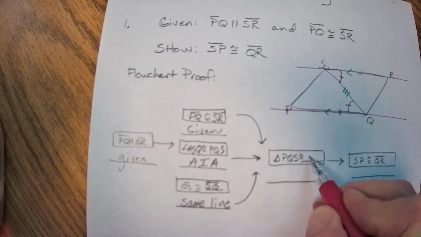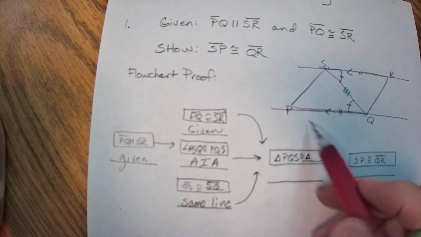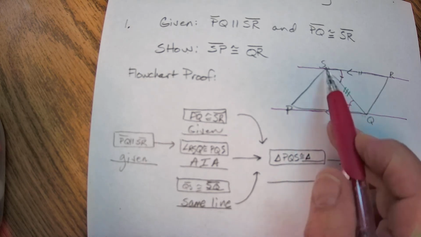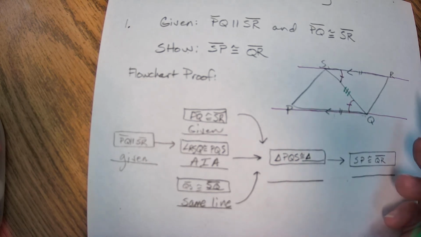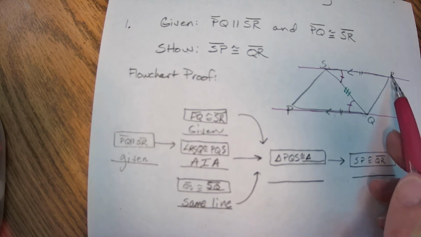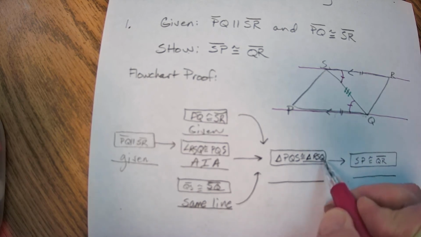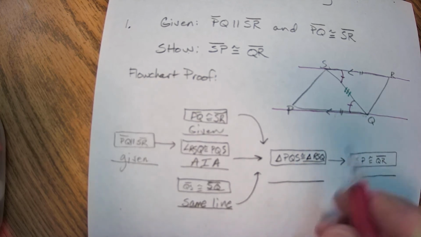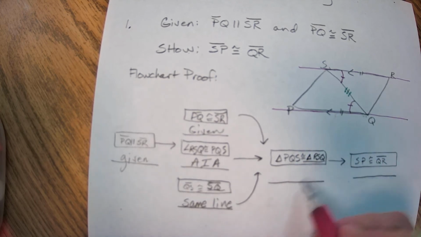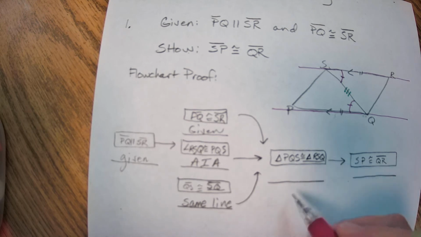So I can say that PQS is congruent to RSQ. And remember, the order that we say those things is very important. And the reason I can say that these two triangles are congruent is because of side, angle, side.